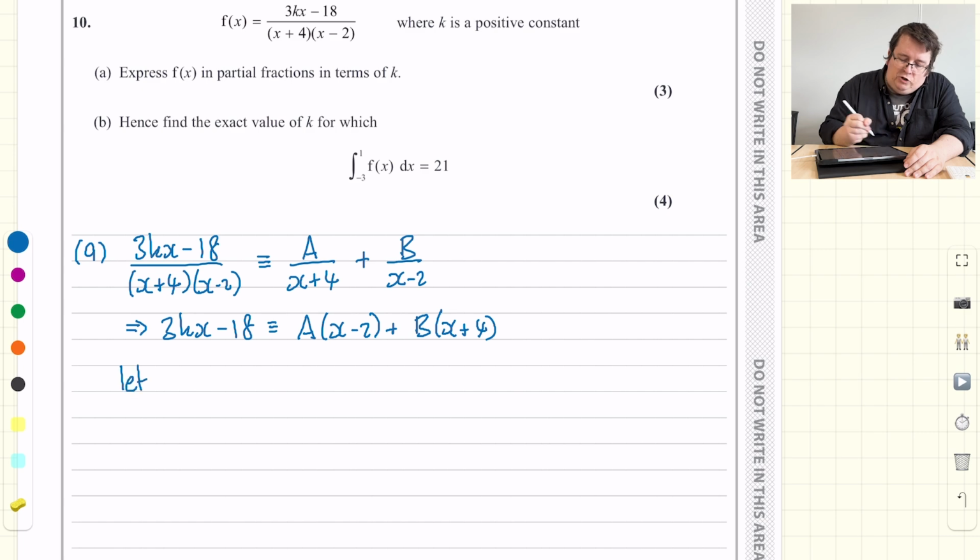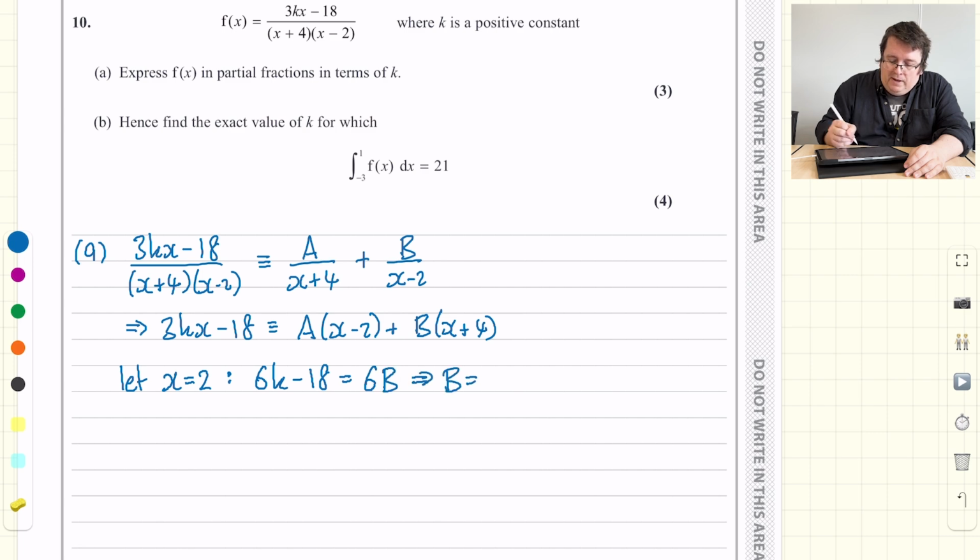So if we start substituting values in, let's first let x be 2. Then the left-hand side will be 3k times 2, so 6k, take away 18. On the right-hand side, it'll knock out that bracket by design, and we'll have 6b. So b is going to be k take away 3.